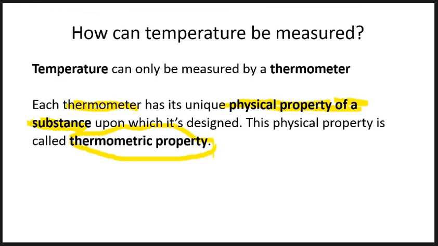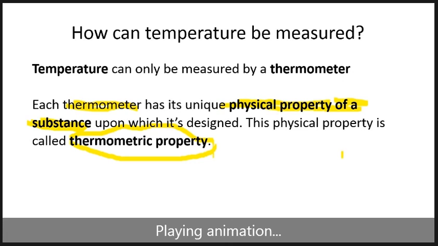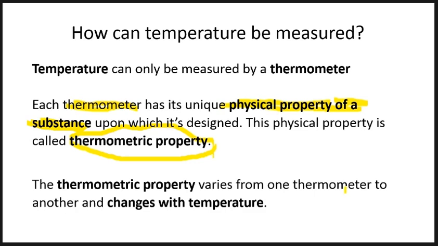Now I need to say this: the change of the thermometric property with temperature is generally assumed to be linear, to be straight. However, not all thermometers experience a linear change with temperature.